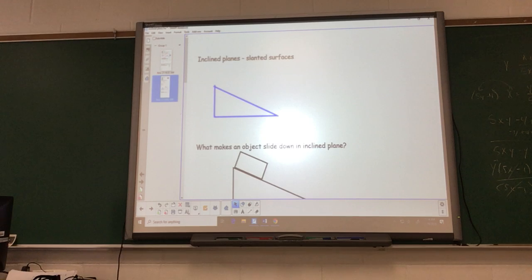What do you do to the bottom surface of your board? You wax it. What are you trying to do? Go faster. Yeah, you're trying to reduce the surface friction.